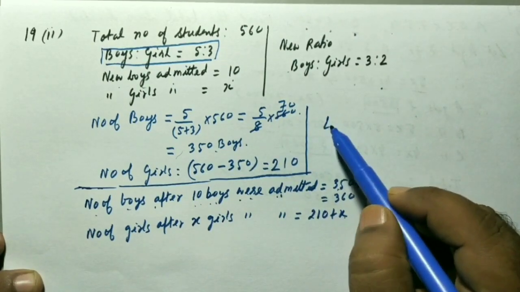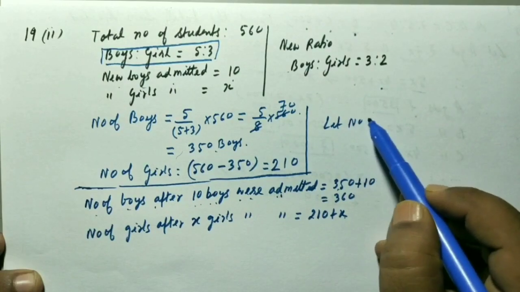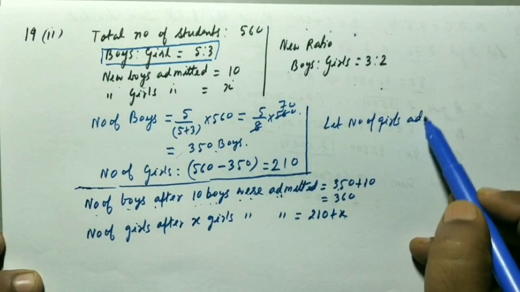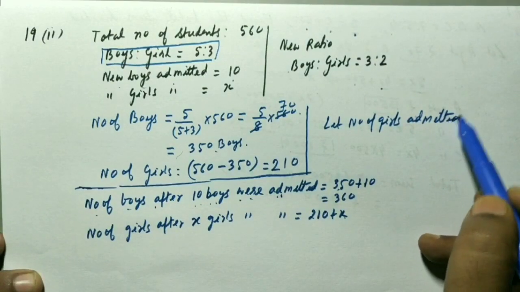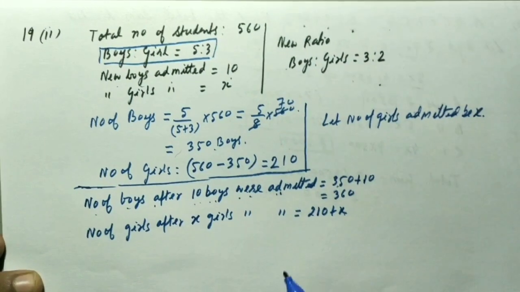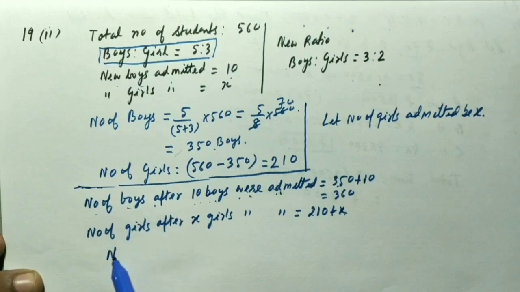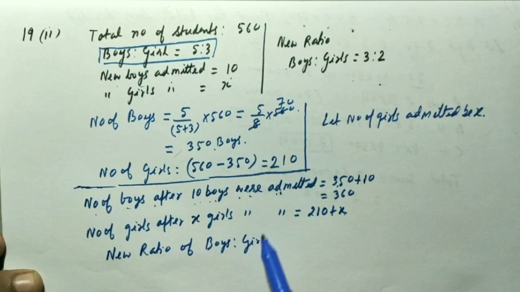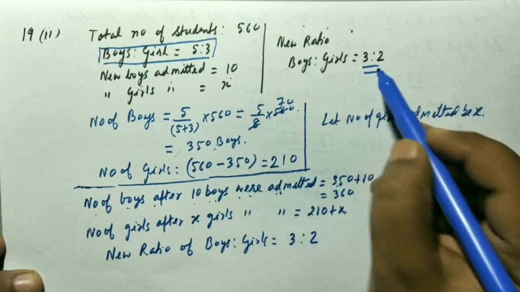Now, let number of girls admitted be X. So now new ratio of boys to girls is 3:2.